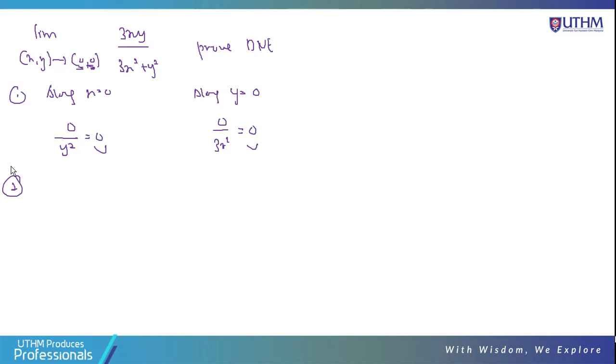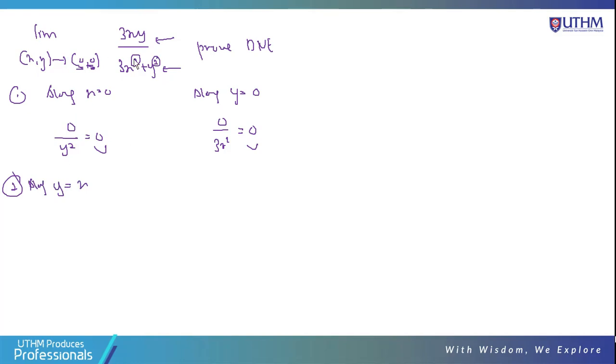In the second step, you need to make sure the degrees of the denominator and numerator are the same. Here I try to make the degree 2, so I choose along y equal to x.